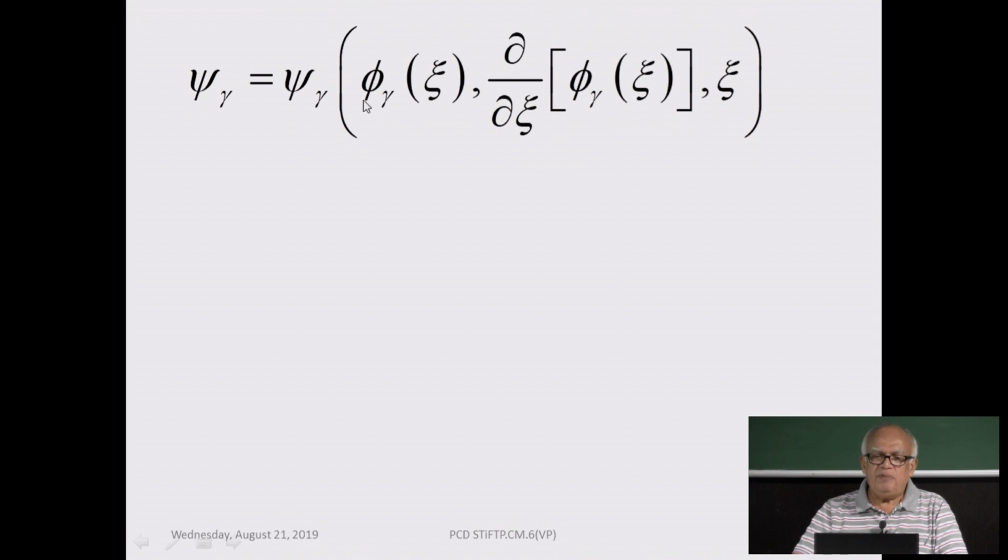Then there is a dependence on xi via how phi depends on xi, and also at what rate phi depends on xi. How sensitive is phi to xi? Phi depends on xi as a parameter, but how sensitive is it? Is it strongly dependent on the grandchild's performance, or does his son's happiness depend only weakly on that?